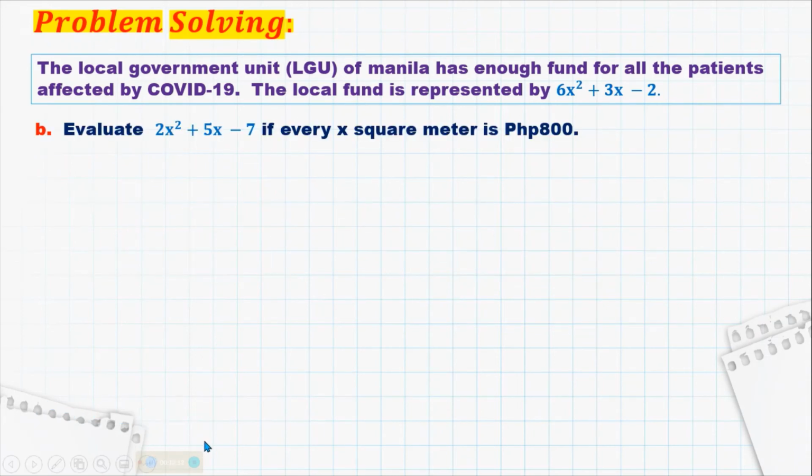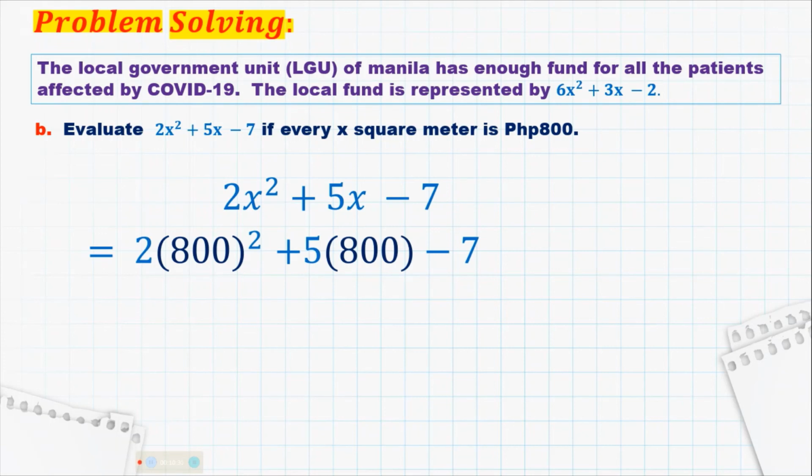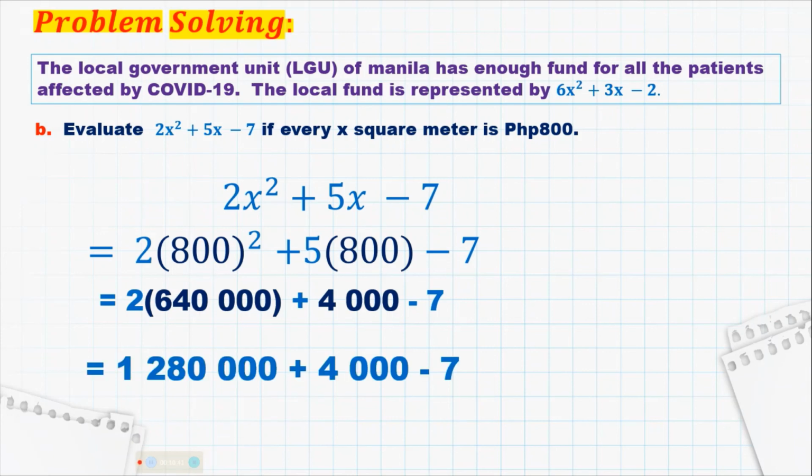Next po, evaluate 2x squared plus 5x minus 7. If every x square meter is 800 pesos, so magkano kaya siya? So, isa-substitute natin yung x by 800. And then, susundin natin yung GEMDAS. So, 800 times 800, that is 640,000 times 2 plus 5 times 800, that's 4,000 minus 7.